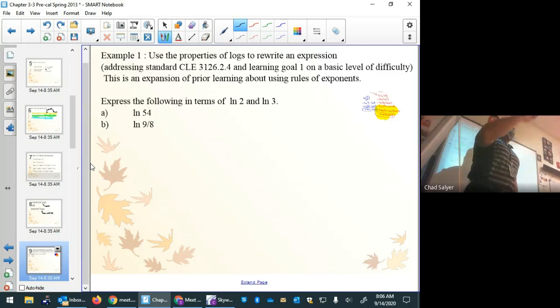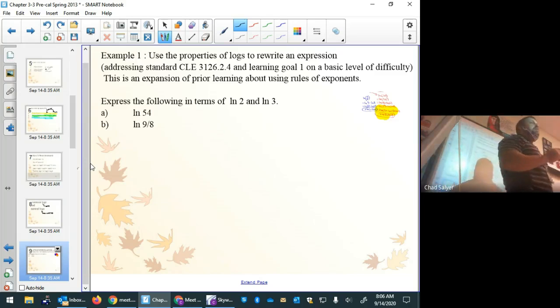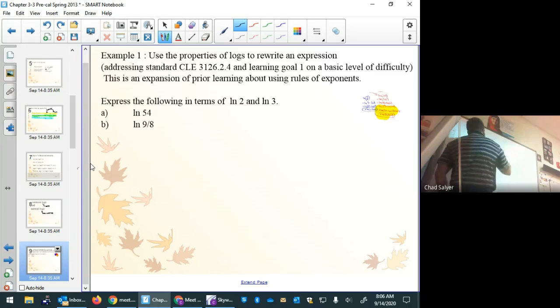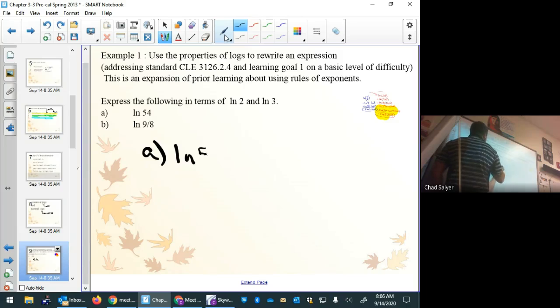This would have been the process that a mathematician of many centuries ago would have used to prep this expression for evaluation through a table. All right, so ln of 54, the natural log of 54. What I'm going to do is use those properties we discussed to rewrite this, and I want 2 and 3.